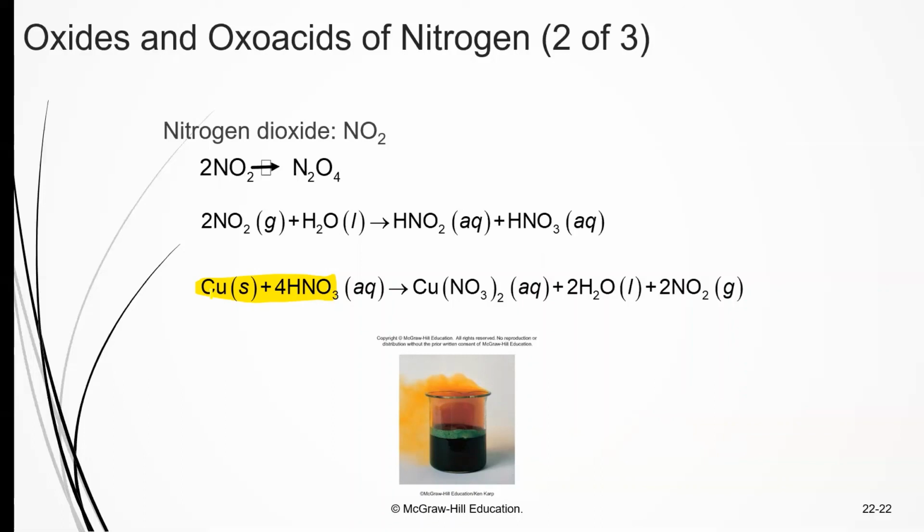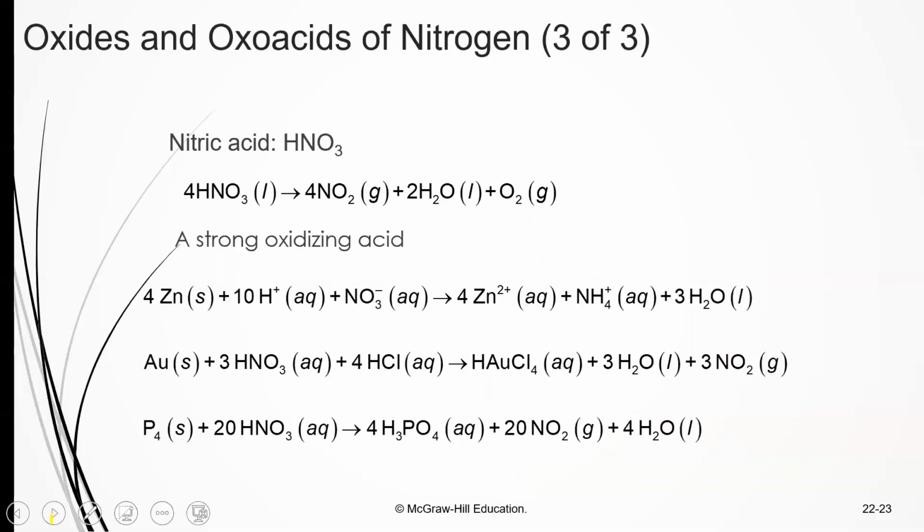You can actually use nitric acid with a couple of other acids to dissolve things like gold and even silver, and that's because it's an extra strong oxidizing agent. It can be used for zinc, silver, or gold because it can make these compounds that are soluble, and it can help continue to oxidize them, not just because it's an acid, but also because of the nitrate that is produced with it.